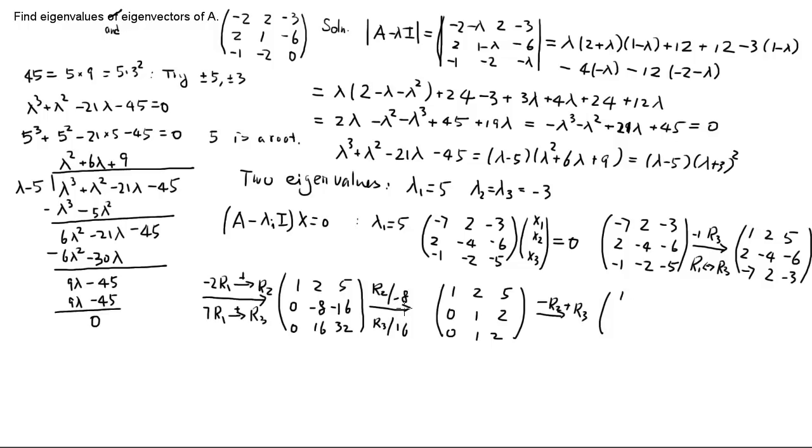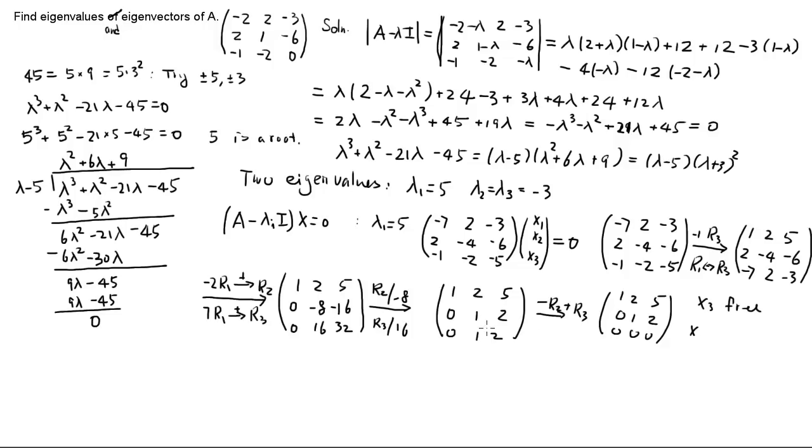We have 1, 2, 5, and 0, 1, 2, and 0, 0, 0. So what we have over here now, the last column doesn't have a leading one. Leading one is over here and over here. So x3 is free.